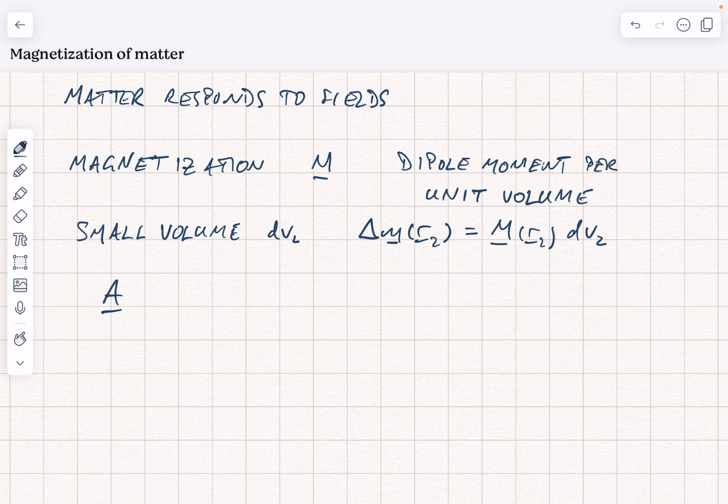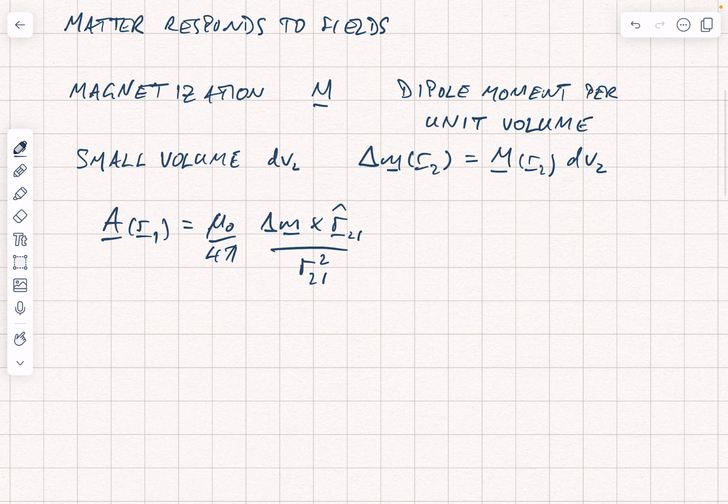And then the vector potential due to that small magnetic dipole is given by mu naught over 4 pi delta M crossed with R21 hat divided by R21 squared. So that's the vector potential for a magnetic dipole, which I derived in a previous video. And we're assuming that we can represent the contribution to the vector potential in terms of those dipoles.